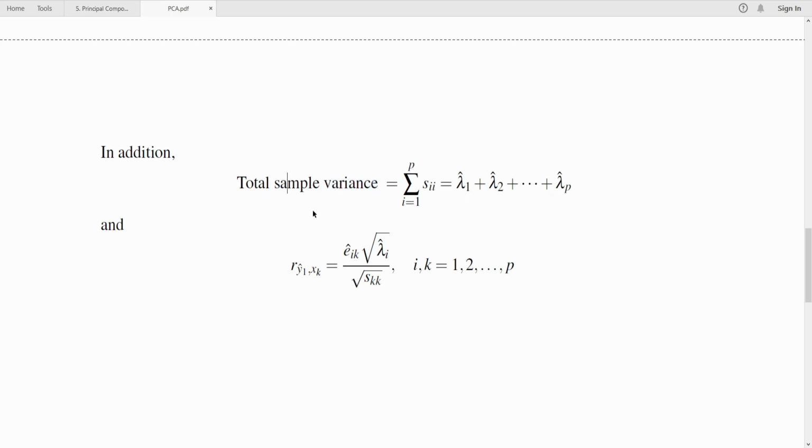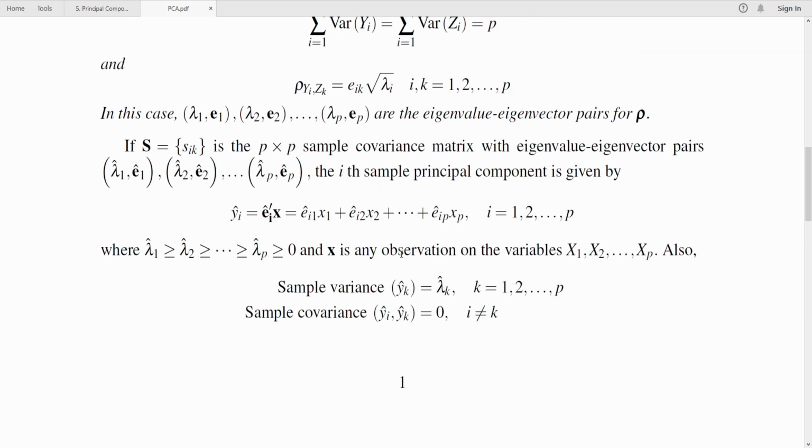Those results come from the theorems we introduced before, and our sample correlation coefficient is given by this. The same results may be obtained if, instead of our sample covariance matrix S, we consider our correlation matrix. But the question that comes to mind is which sample covariance matrix we should use.